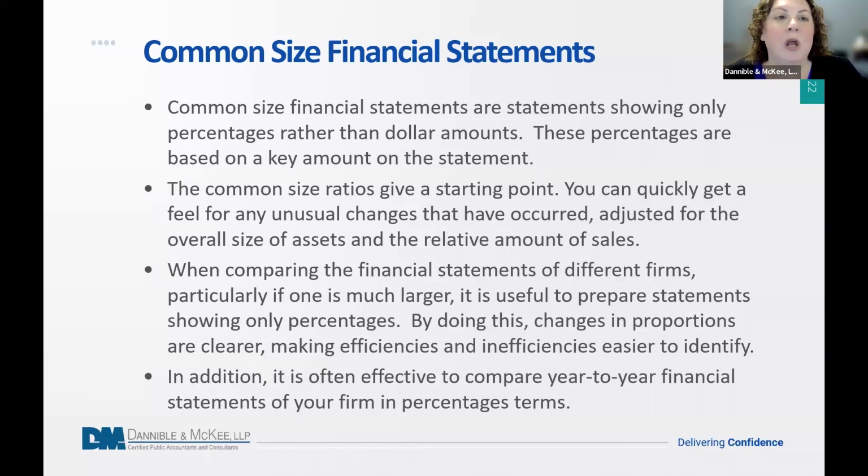What's my percentage of direct labor, indirect labor, fringe, occupancy? Some of these items, what is that a percentage of my net revenue? So putting together a common size financial statement that really looks at the percentage of a certain item.